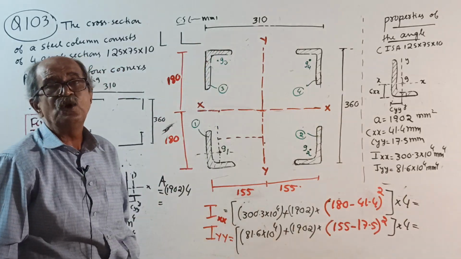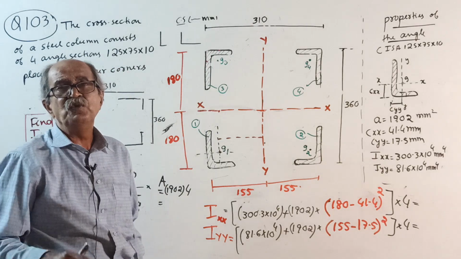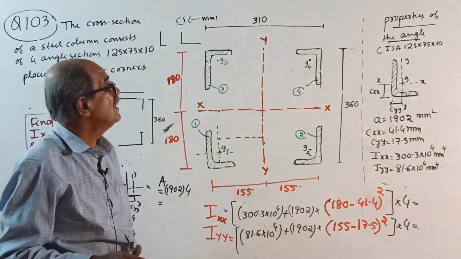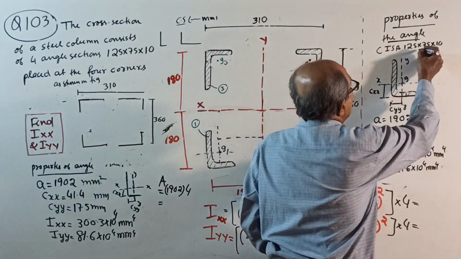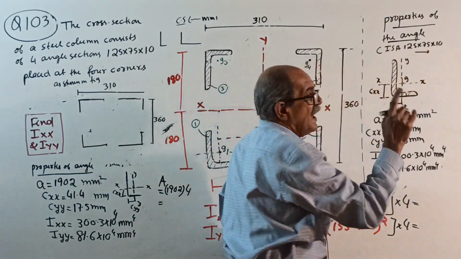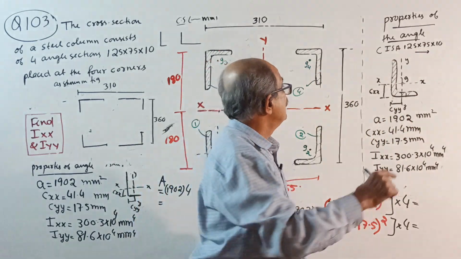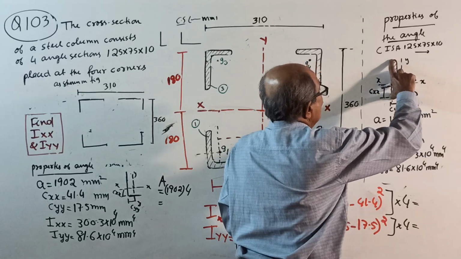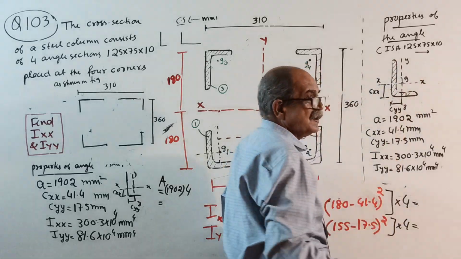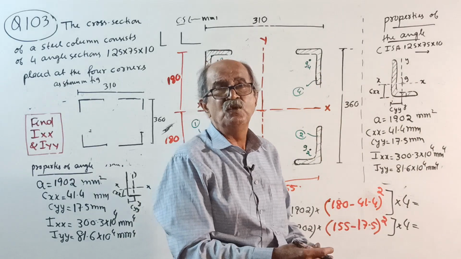So the IS handbook will always print the property. Write a note here: this is from the IS handbook. The IS handbook always prints the properties considering the longer leg vertical. This is the longer leg, this is the shorter leg. This is a rule maintained everywhere throughout the world.